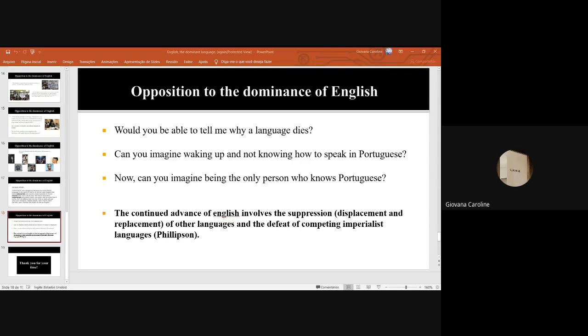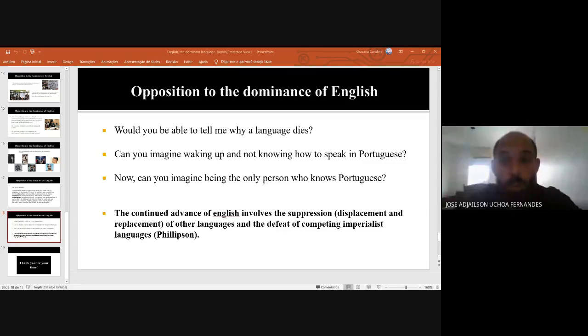You will have your own identity, your culture, and everything that a language has, but you are the only person who knows it. You can't teach anyone, and no one is exactly interested in learning this language. So, what is the purpose of being the speaker of a language that only you speak if language is social?